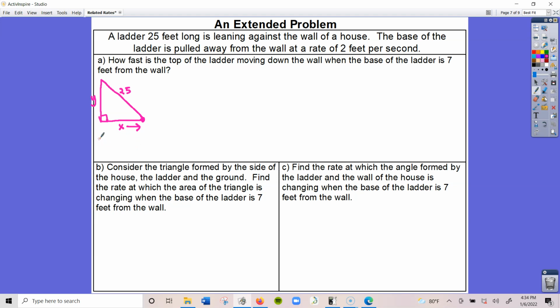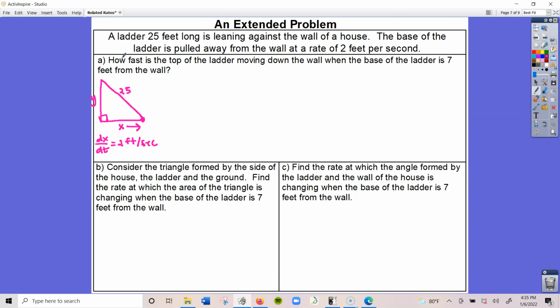So we're given dx/dt, because that's the rate at which this side of the triangle is changing. Since it's being pulled away, the distance between the ladder and the wall is going to increase, so this rate is a positive 2 feet per second.